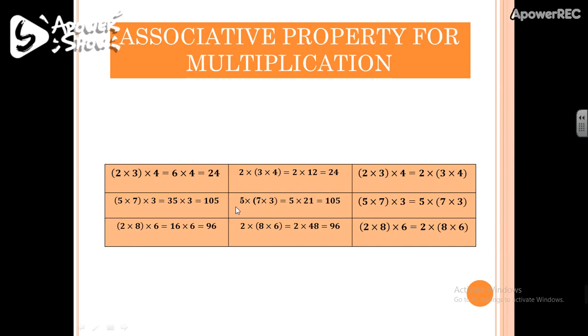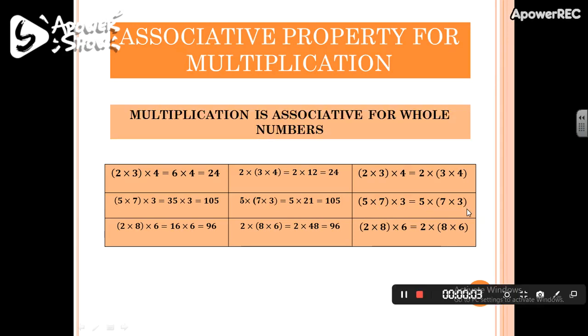In the second way, multiply 7 and 3 before. So 7 multiplied by 3 equals 21, and now multiply 5 by 21. So 5 multiplied by 21 equals 105. Again we are getting that (5 multiplied by 7) multiplied by 3 equals 5 multiplied by (7 multiplied by 3). Similarly, in the last example, I am multiplying 2, 8 and 6 in two ways.